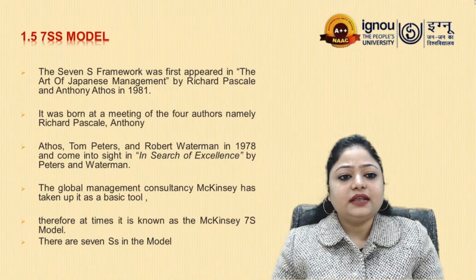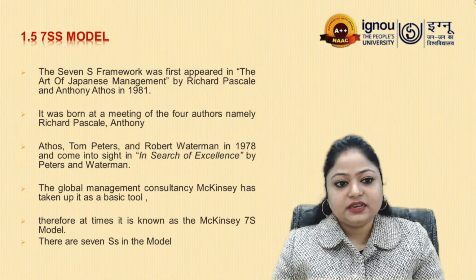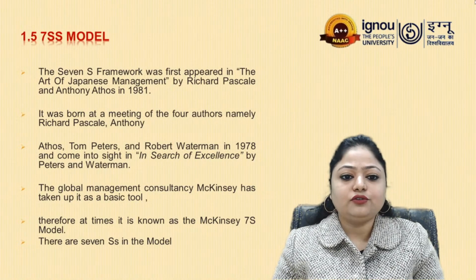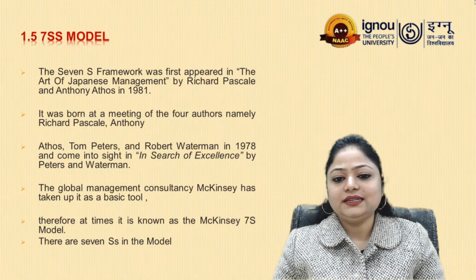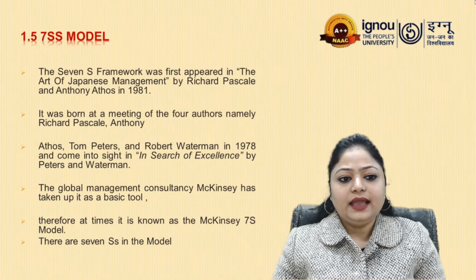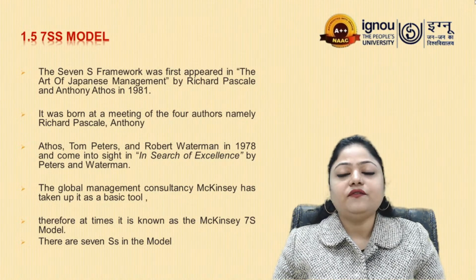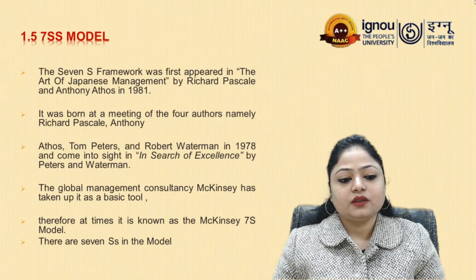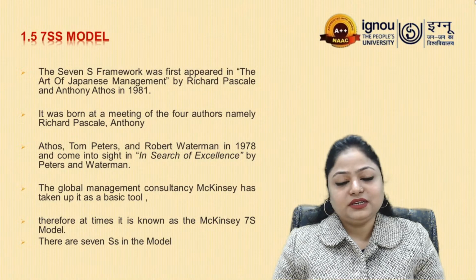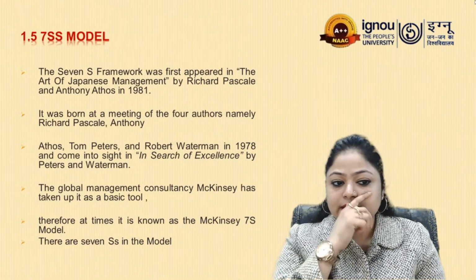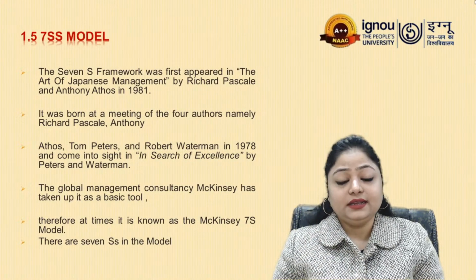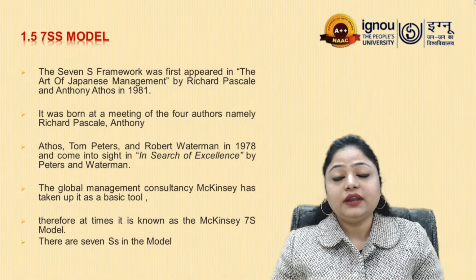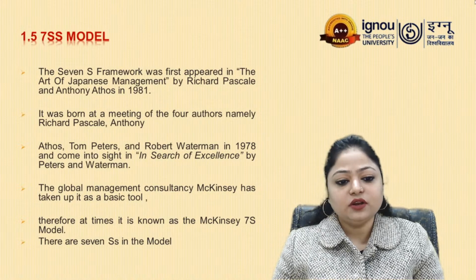It was born at a meeting of four authors, namely Richard Pascale, Anthony Athos, Tom Peters, and Robert Waterman in 1978, and came into sight in In Search of Excellence by Peters and Waterman. Okay, so the global management consultancy McKinsey has taken it up as a basic tool. Therefore, at times it is known as McKinsey's 7S model as well.